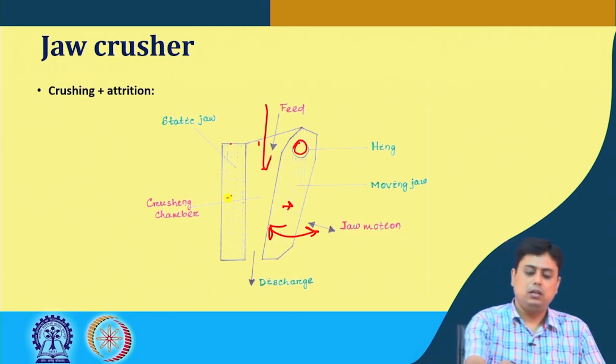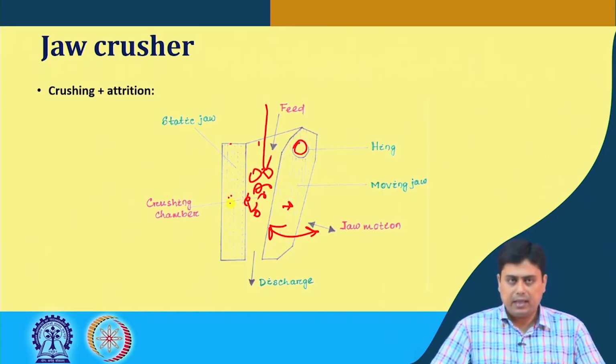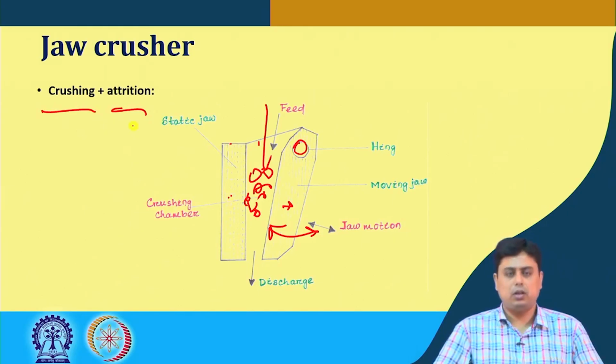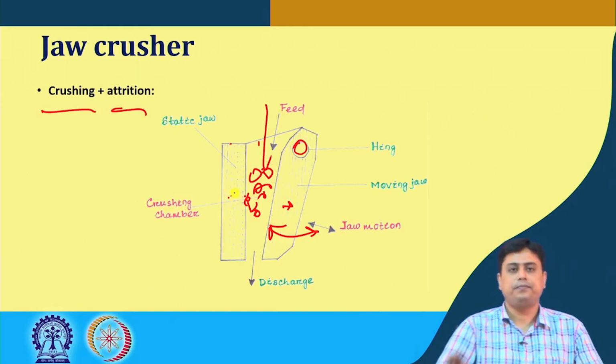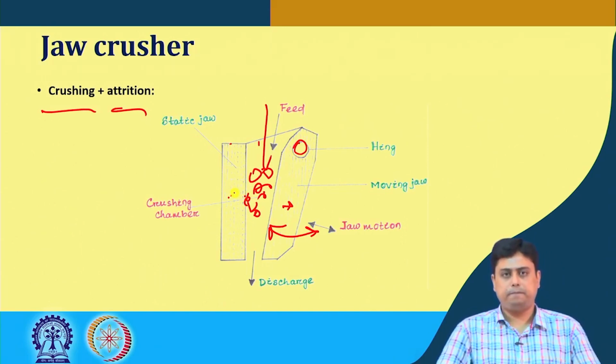Now, you can understand there can be multiple particles if there are different size ranges. The mechanism involved is the crushing plus attrition, attrition between the solids and the surface, and the crushing between two solid surfaces.